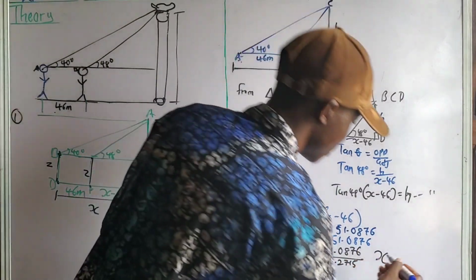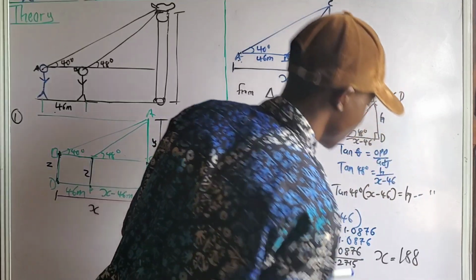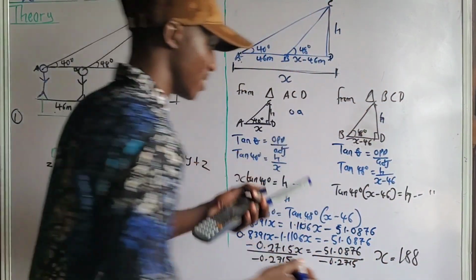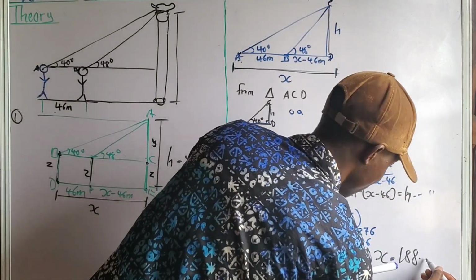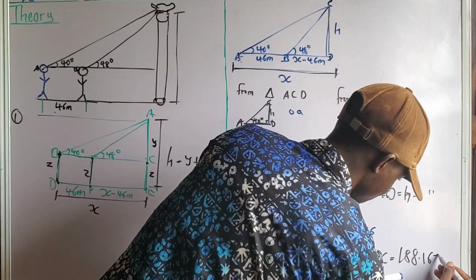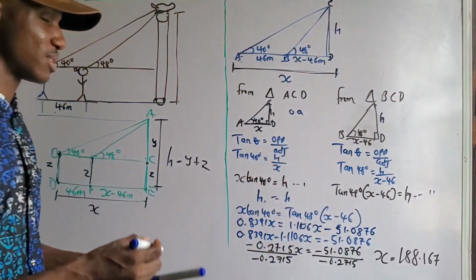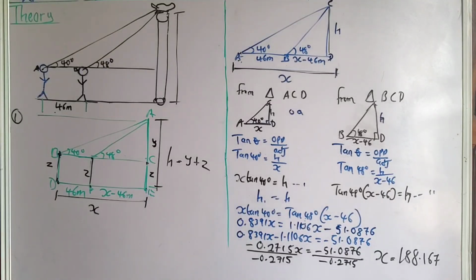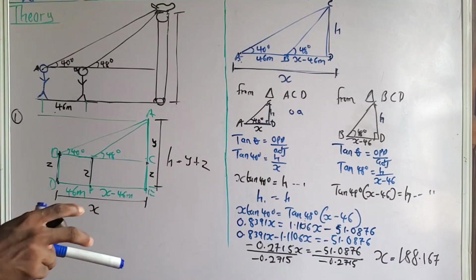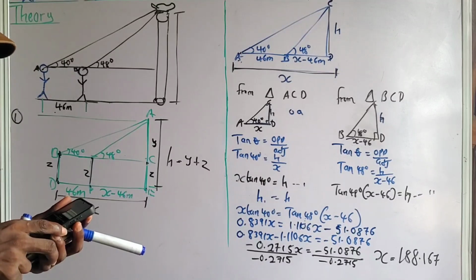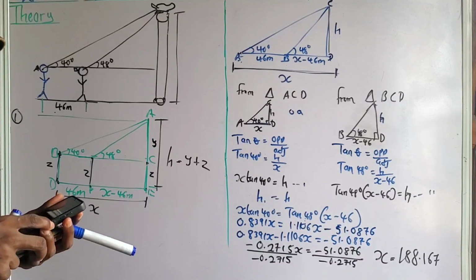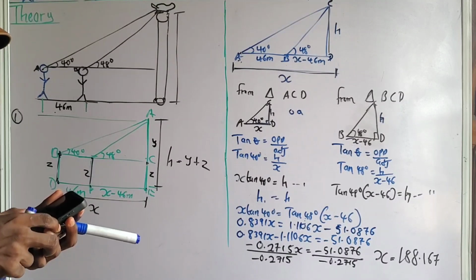That is 188.167, or at most 188.17. You can leave it in two decimal places. Now don't forget the goal. The goal is to determine the height of the pole.